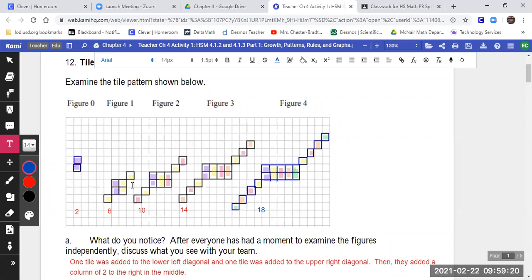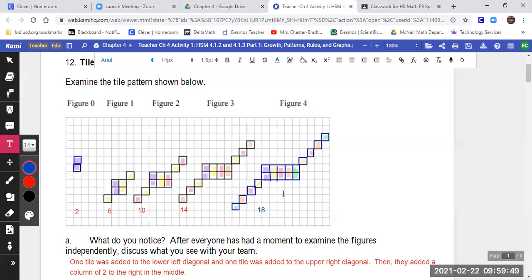Figure 1 has how many on each diagonal? 1. So figure 100 will have how many on each diagonal? 100, because I noticed figure 1 has 1 and figure 2 has 2 and figure 3 has 3 and figure 4 has 4. So that must mean the diagonals are the same as the figure number.